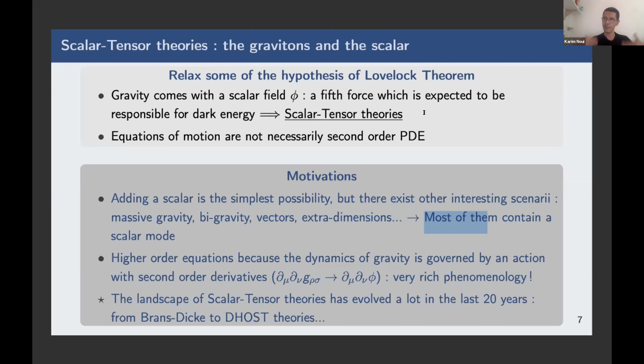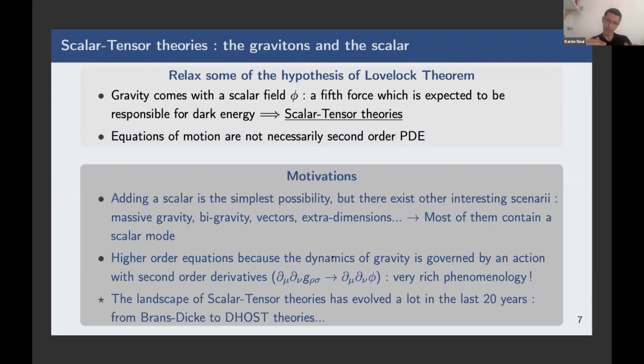In a sense, scalar tensor theories can be recovered as a kind of decoupling limit of many other more complicated possibilities. Now, the reason why we are also relaxing the fact that the equations of motion are second order can be explained roughly as follows.